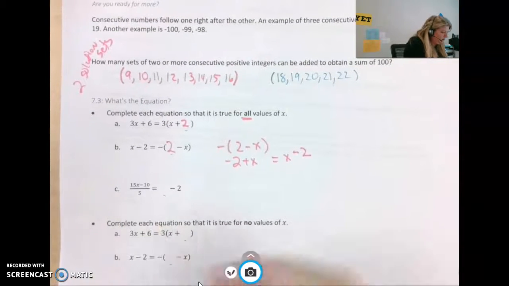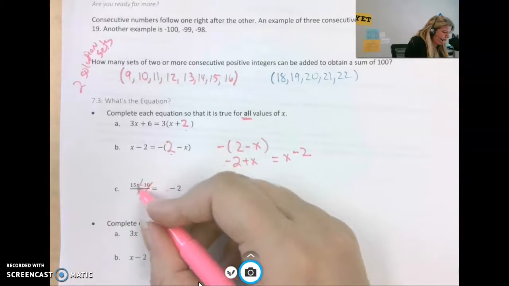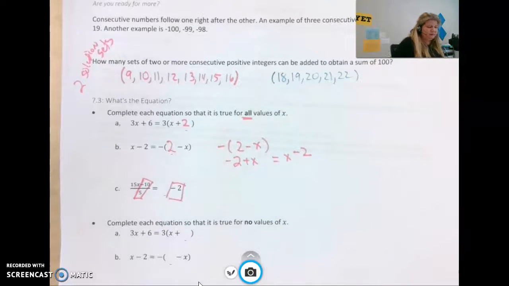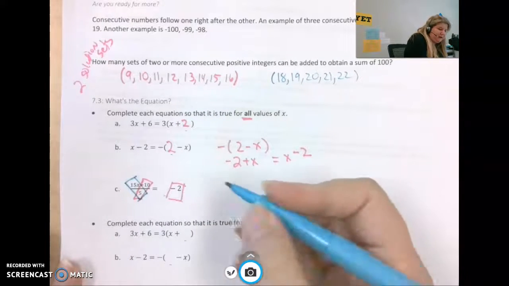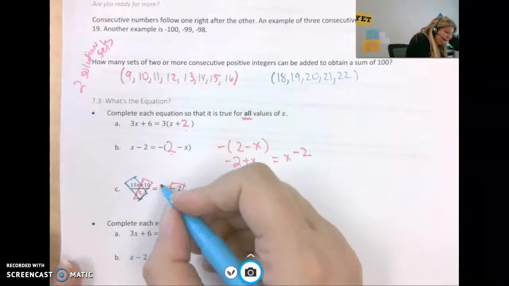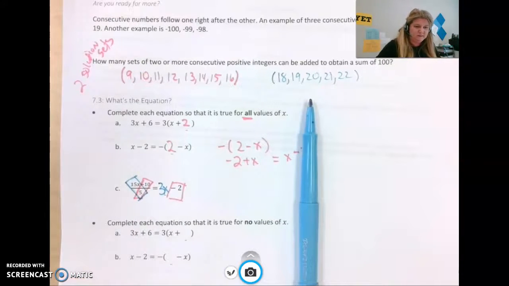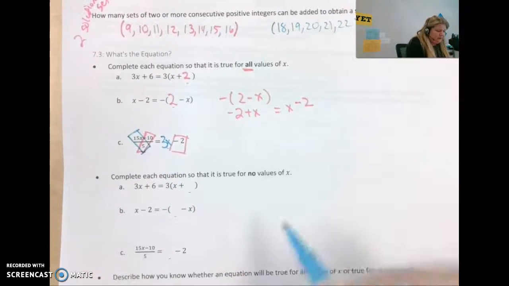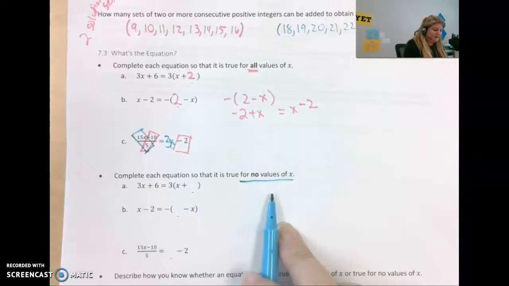Okay, then this one looks like I've got minus 2, which comes from this part here. And then on the other side, I would be doing 15x minus 5, divided by 5, which would give me 3x. So 3x is that value, and then here in the next section I'm making it so it's true for no values of x.